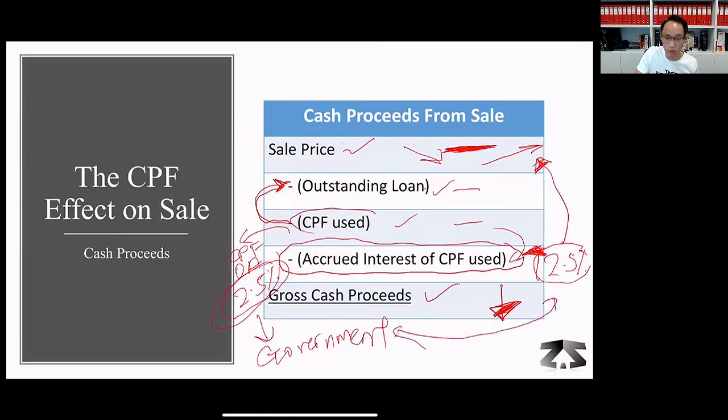The opportunity cost, if it had been left in the OA account, you'd be getting 2.5% from the government, right? But I know if you're using CPF over here because of a liquidity issue, you don't have much cash, you probably want to make sure that your property is working hard for you. If not, you realize that it's actually detrimental. You get a negative cash proceeds and you're losing out even more because you're not getting that 2.5% from the government.